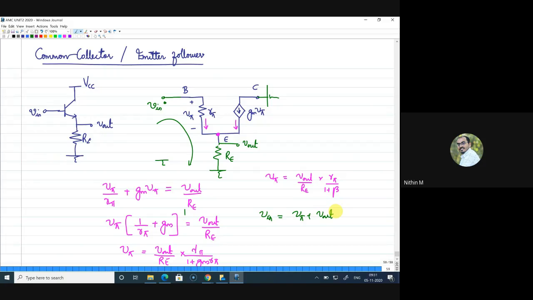By substituting V pi here and rearranging, V in is equal to V out by RE into R pi by 1 plus beta plus V out.